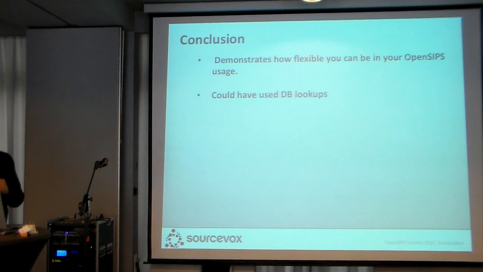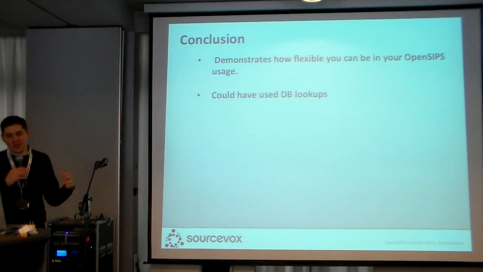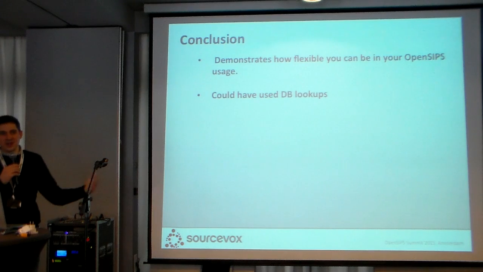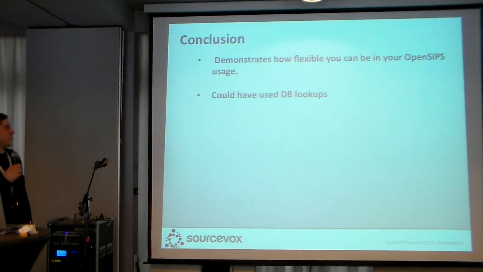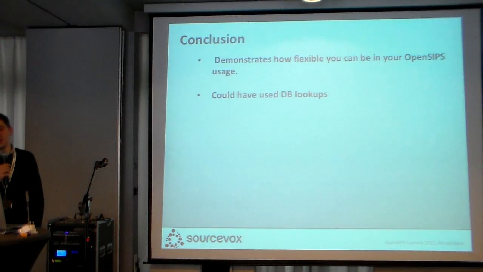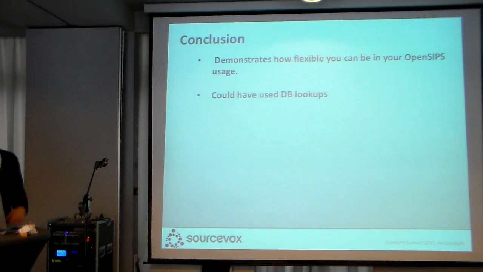For a lot of the things in those examples, you could have used direct database lookups, which again involves you having to go to an external system. The beauty of many of the OpenSIPS modules is they allow you to store this information, and then it's essentially in memory, and the information is got for you for free automatically.